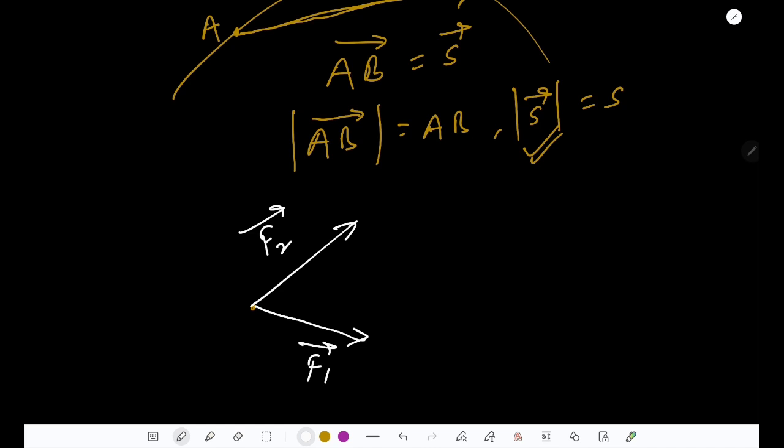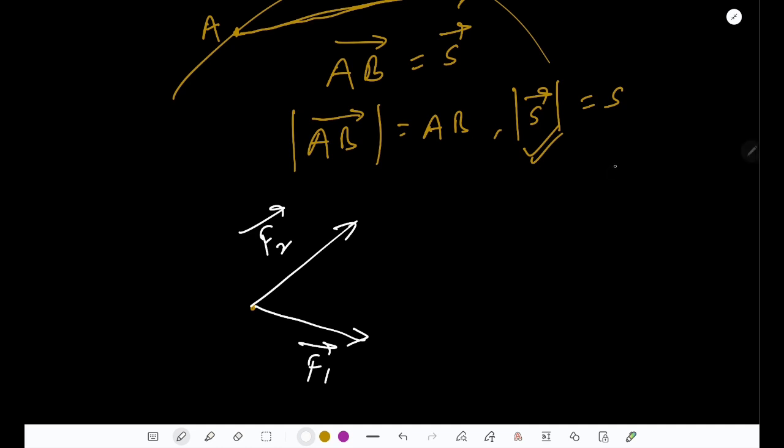Then I'm going to ask you, can you find the combined effect of two forces acting on this particle? That means replacing these two forces by a single force.